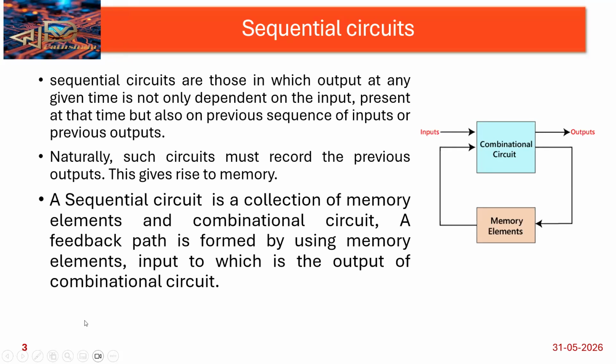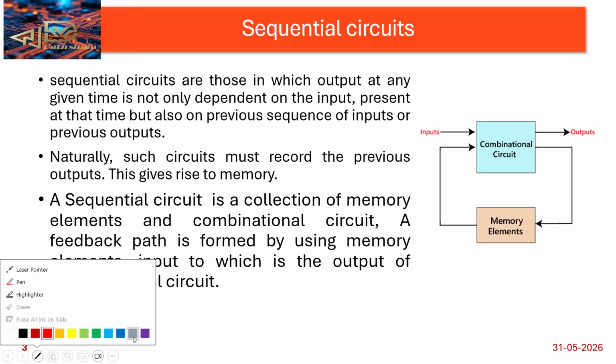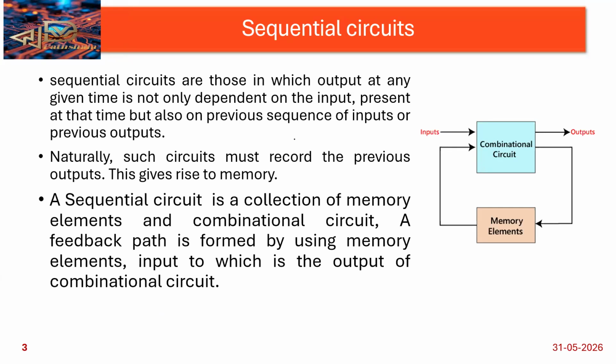What is the difference between sequential and combinational circuits? Combinational means we are getting the output immediately. Whenever we give the input, the output is obtained immediately. But sequential circuits are not like that. Sequential circuits depend upon the present input as well as the previous output. The previous output is given as feedback, and that feedback acts like a memory element.